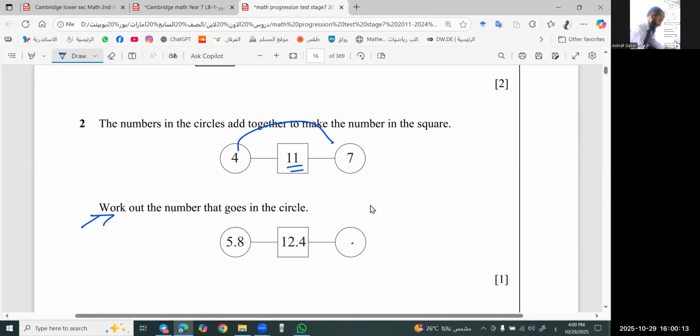Subtract or add? 12.1. Point it and get it down. 6. Yes, correct.